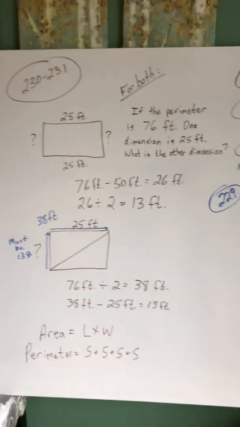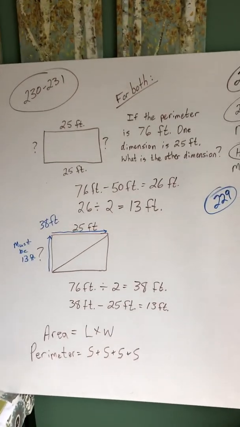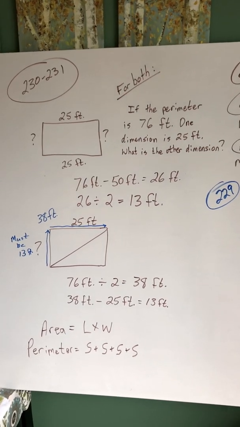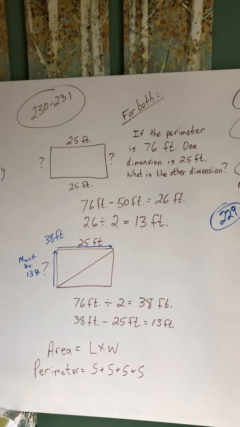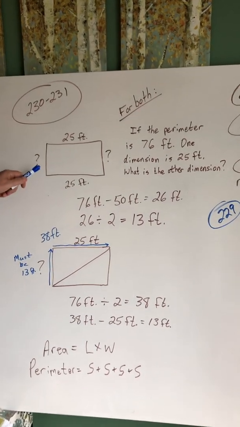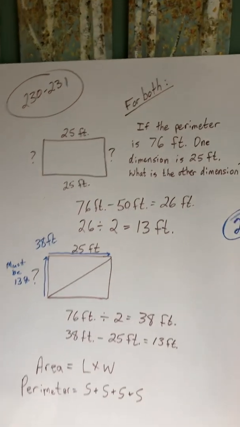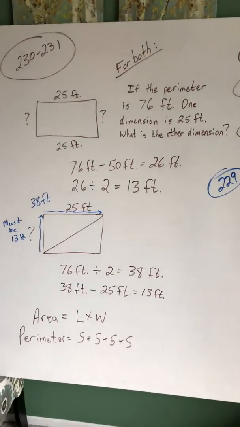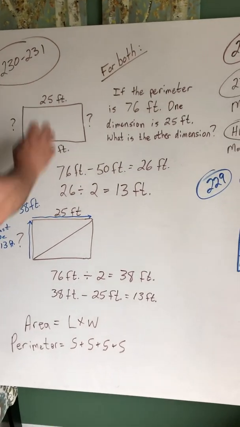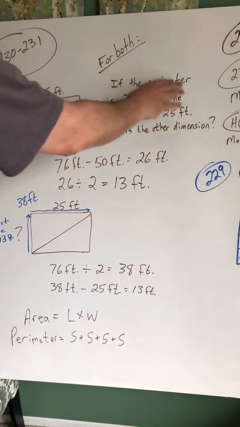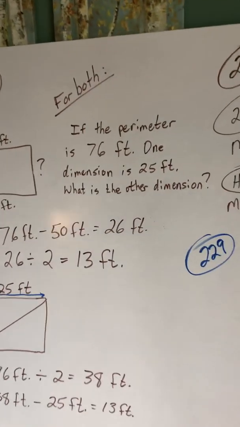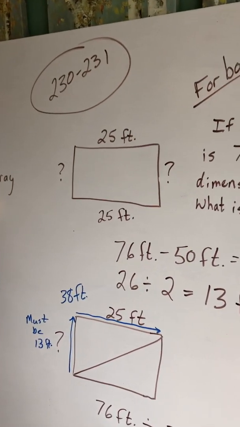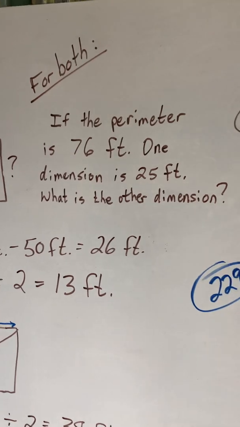So if you look at 230 and 231, this isn't one of the exact problems, but I'm just making it very similar, okay? So I put in two rectangles. They are exactly the same, okay? So with both rectangles, if the perimeter is 76 feet, and I gave you one of the dimensions as 25 feet, what's the other dimension?